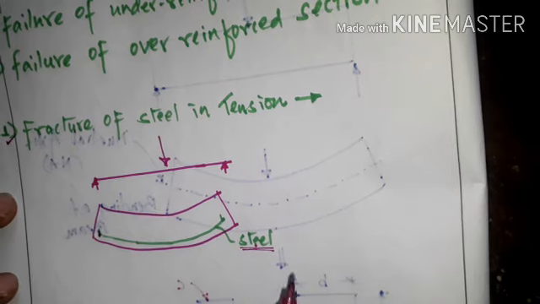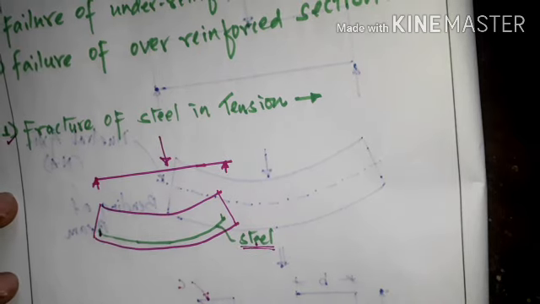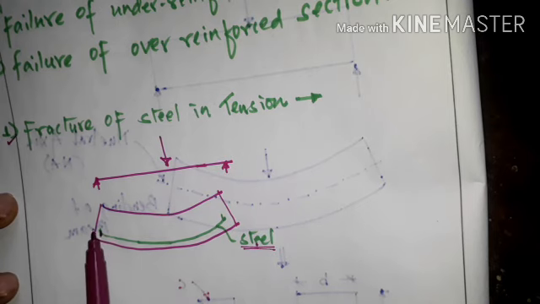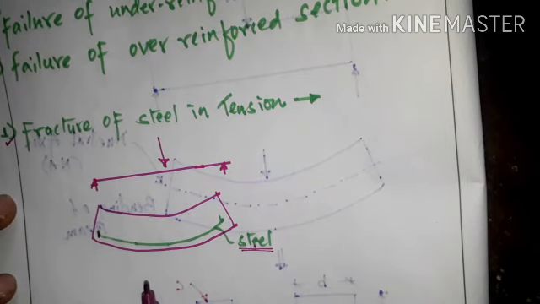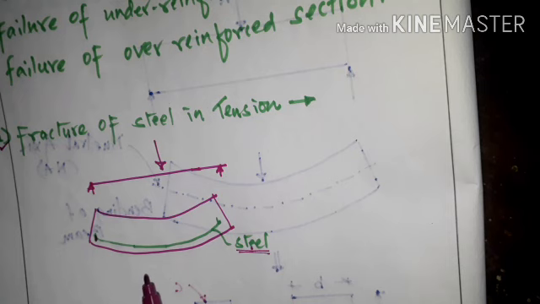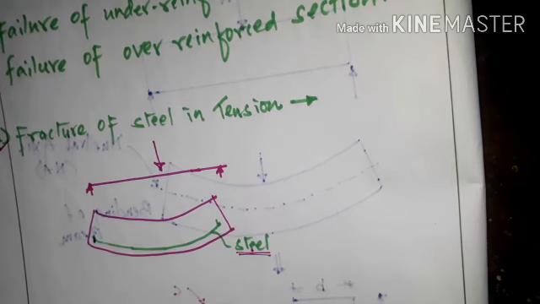I'll repeat once again. When the steel provided in the tension zone is less than the minimum steel as per the IS code, whatever stresses are transferred over this section, the steel will take them, but it will not take the additional stress, meaning it is not up to the factor of safety, because we have provided steel less than the minimum percentage of steel.